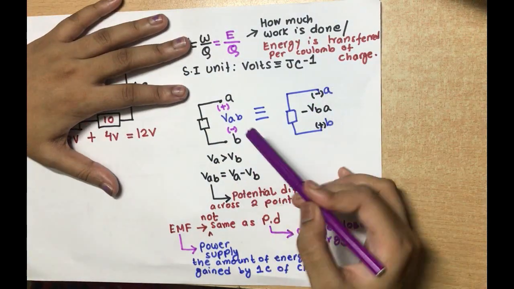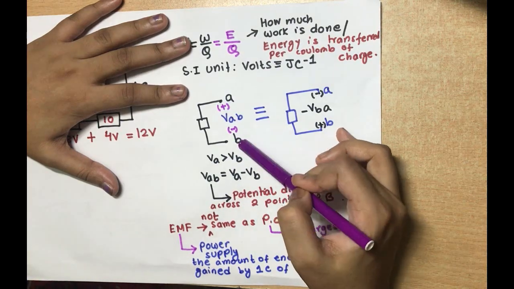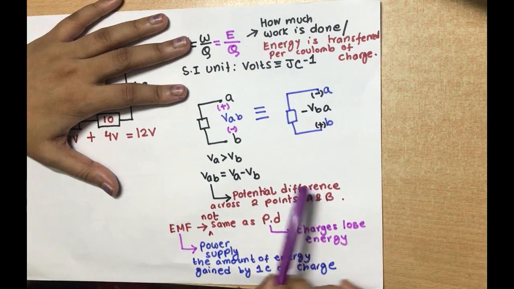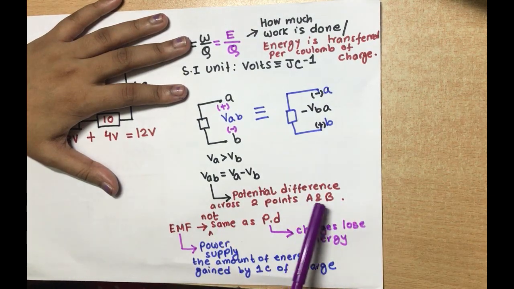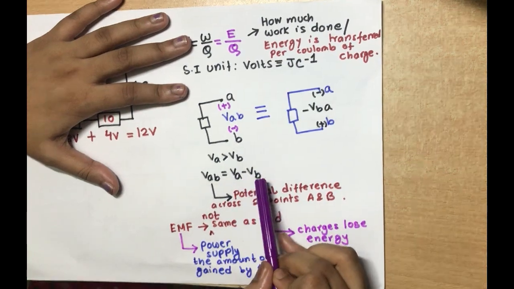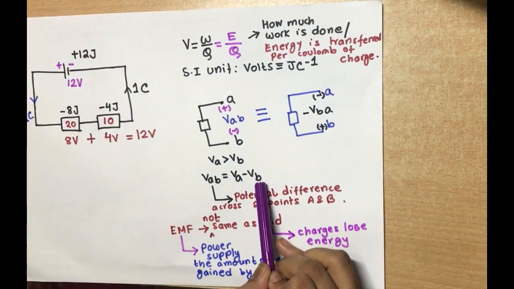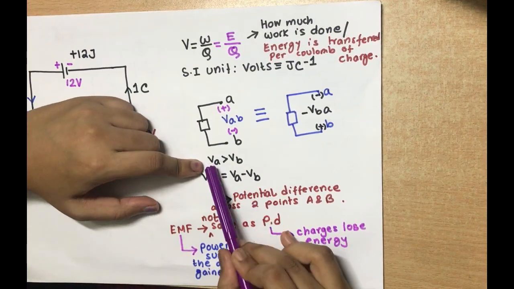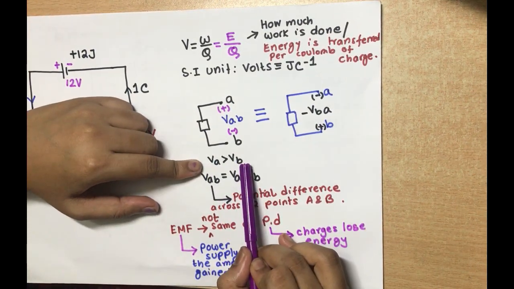The potential difference between these 2 points A and B is denoted by VAB, that is the potential difference across 2 points A and B. So this VAB is equal to VA minus VB. Now, why is it VA minus VB? Because VA is greater than VB.